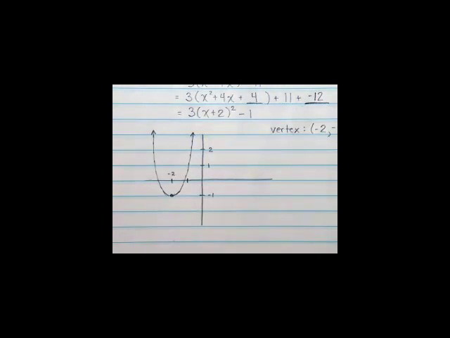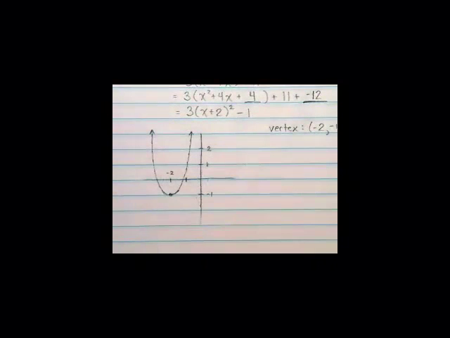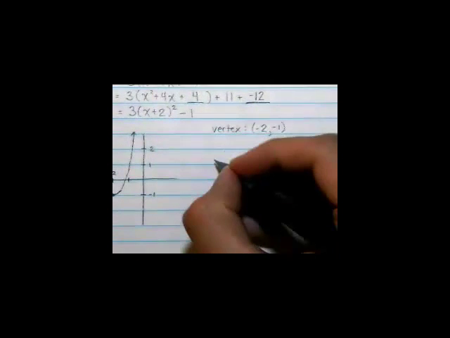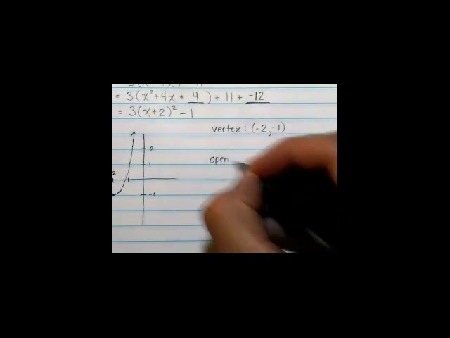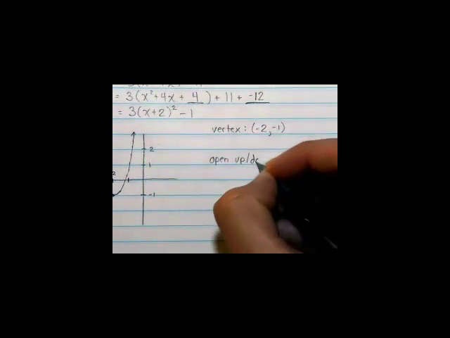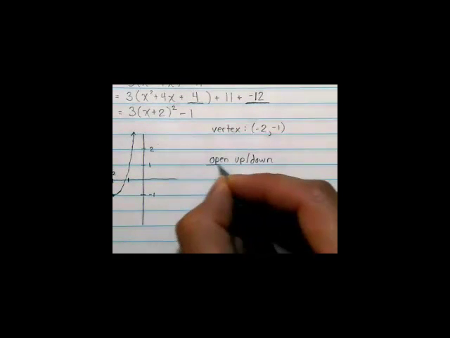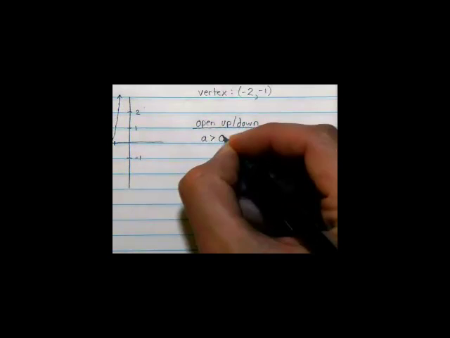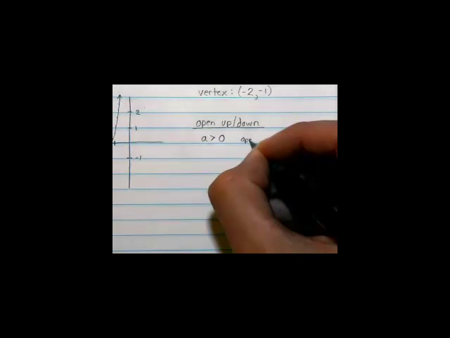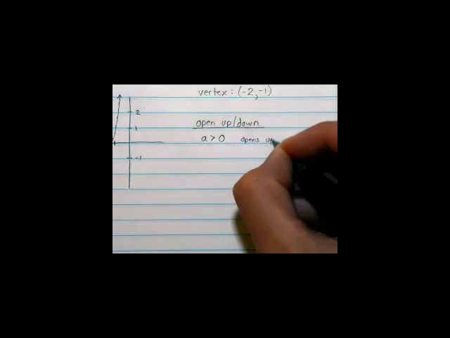Okay, so let's jot down some of that information we just talked about that helped us do that. The opening up and down: if a is greater than 0, or if it's positive, that means it opens up.